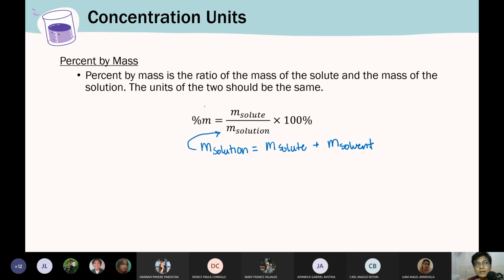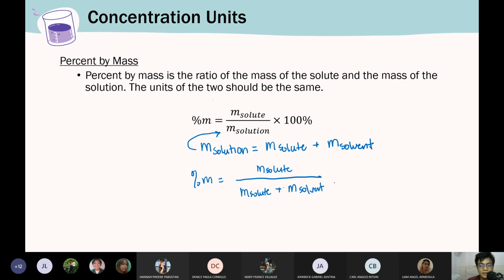Okay? Kasi 'di ba saan gawa yung solution? Edi sa solute, sa solvent. Edi pagsamahin mo yung solute solvent, what you will get? Solution. In terms of their mass, ganun din. Okay? So, yan. So basically, we can expand the equation into percent by mass equal mass of solute all divided by mass solute plus mass ng solvent.